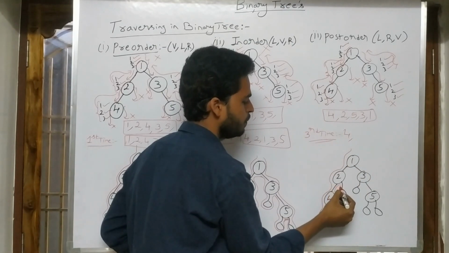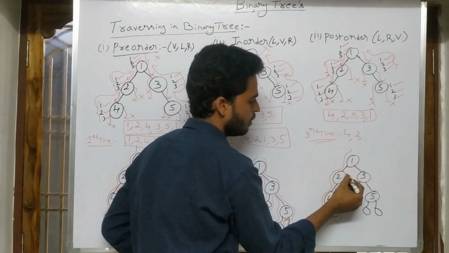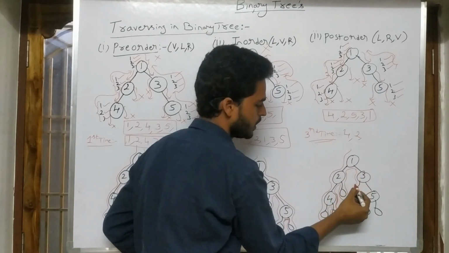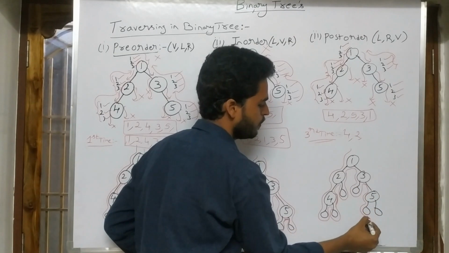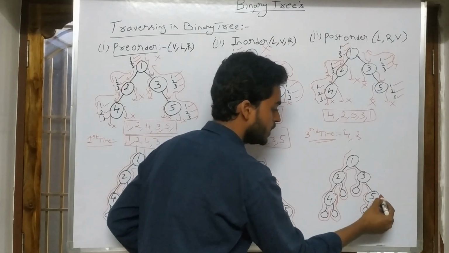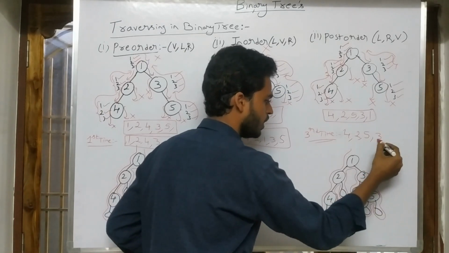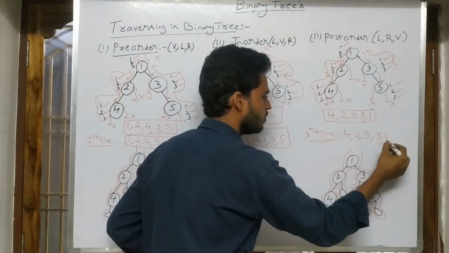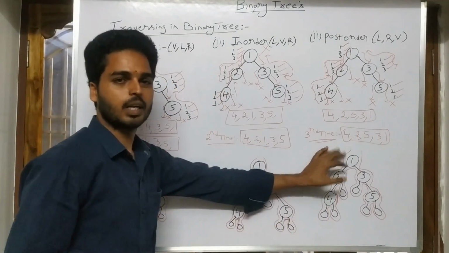Visiting for the second time, visiting for the third time, printing. Now visiting for the third time. Now visiting for the first time. All are completed. So this is my corresponding post-order technique.